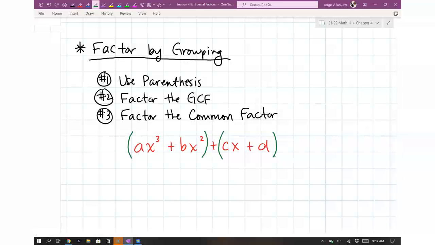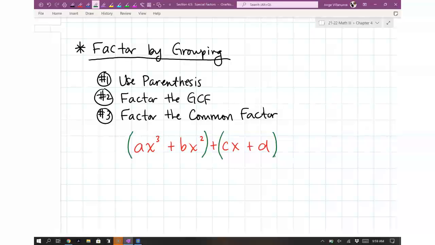Then you're supposed to factor within those parentheses your GCF. And that's kind of hard to do here because we don't know what A, B, C, and D are, right? So I can't really show you much more than that. It's best to actually do a problem. But the first step is kind of what's there. You're going to want to put a parenthesis around.